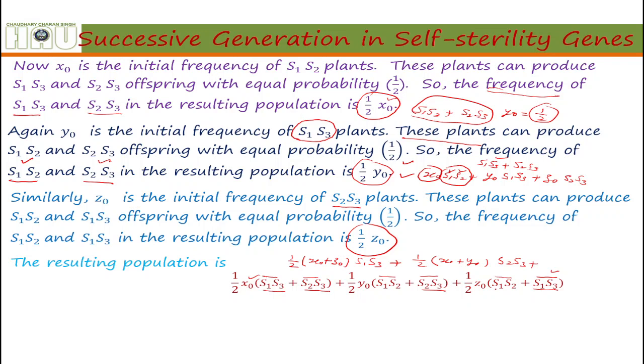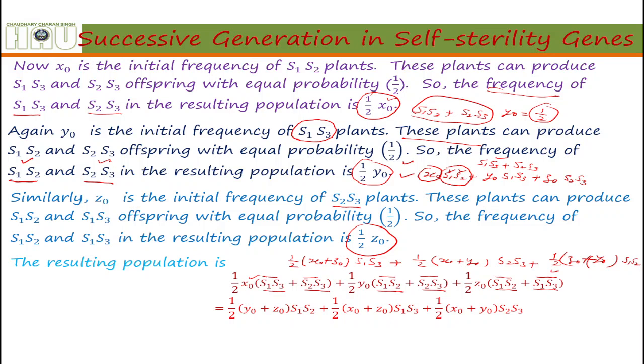Similarly, S1 S2 again occurs twice with coefficients Z0 and Y0, so this can be written as plus half of Z0 plus Y0, with genotype S1 S2. So the result is half of Y0 plus Z0 S1 S2, plus half of X0 plus Z0 S1 S3, plus half of X0 plus Y0 S2 S3.